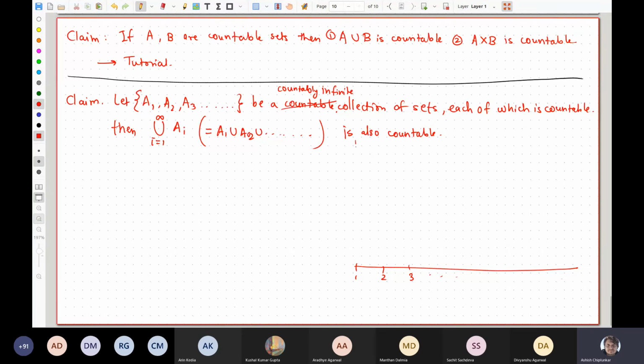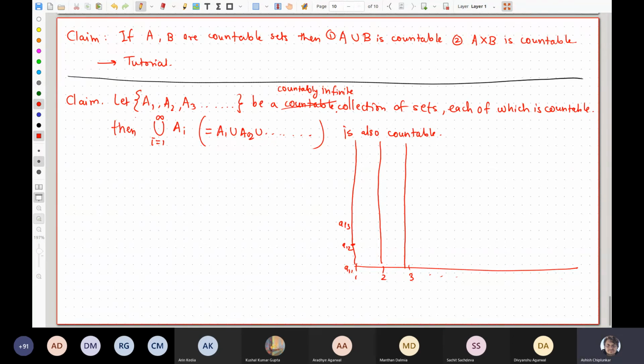Remember these sets are countable, so I can imagine that the first element of the first set is written over here: A11, A12, A13. I am enumerating the first set A1 on the first line, the second set A2 on the second line, the third set A3 on the third line, and so on. So that is the idea.